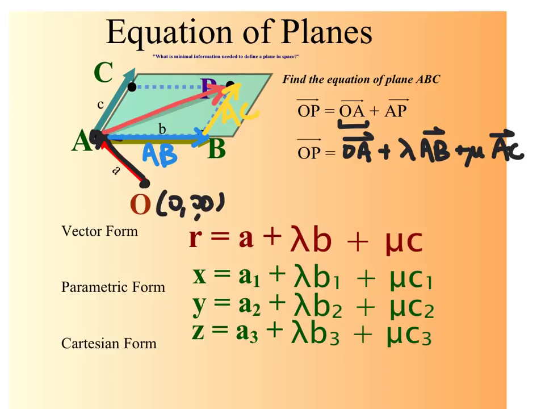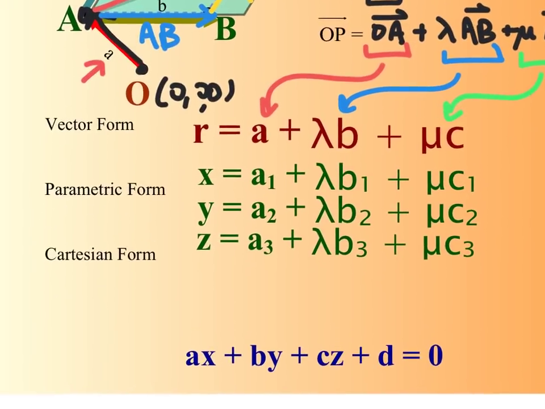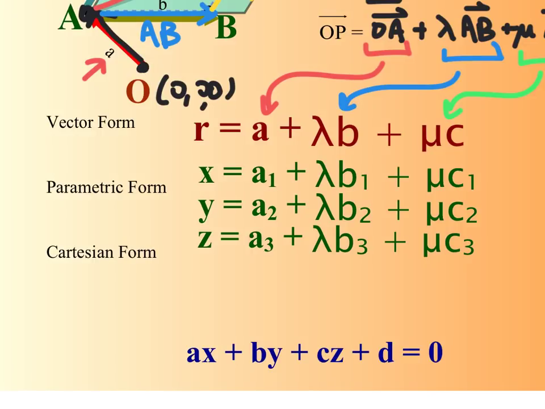Okay, so let's talk about the equivalence here. OA, we call A, right? That's this vector here. Lambda AB is lambda B, and mu AC is mu C. Here's parametric form. All the points of vector A, so vector A would be A1, A2, A3.